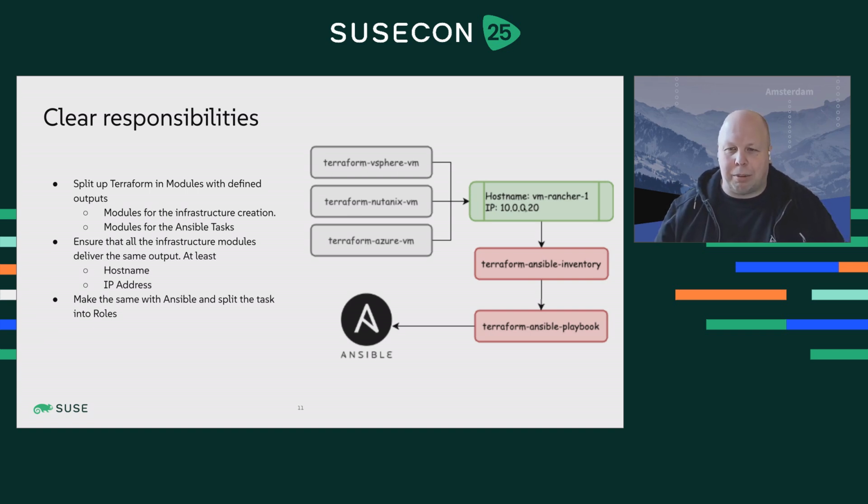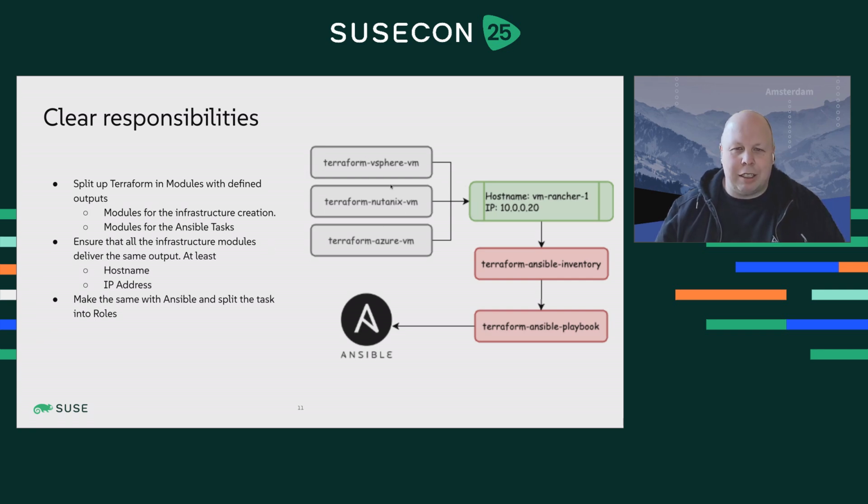So, for example, the hostname and IP can already be set during Cloud Config. We can also specify a dedicated automation user for Ansible with an SSH key that is automatically created by Terraform and will then later be used by Ansible to connect to the VM.